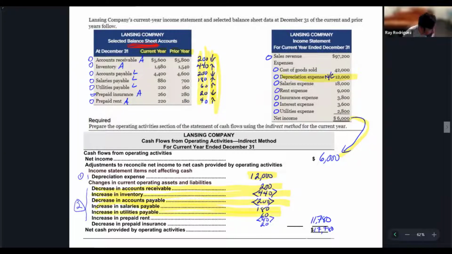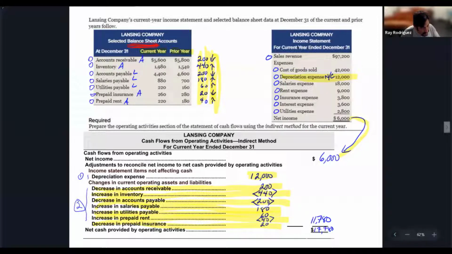Increase in utilities payable, added. Now we're back to assets. Increase in prepaid rent gets subtracted. Another asset, decrease in prepaid insurance gets added. And that's it.